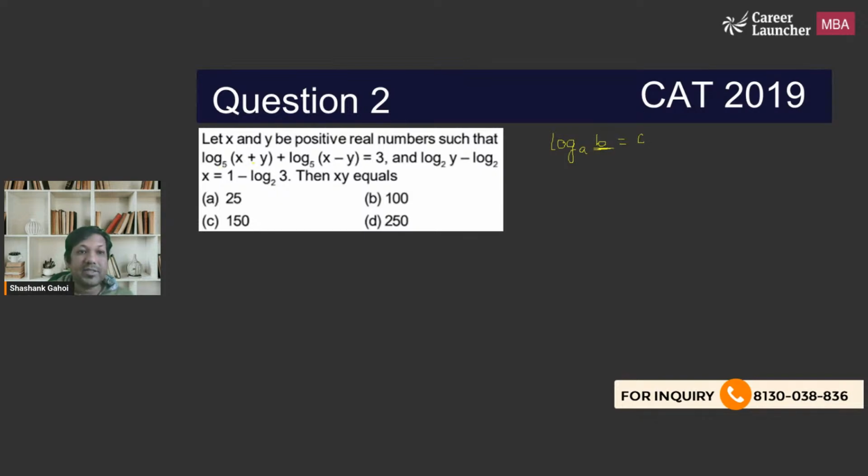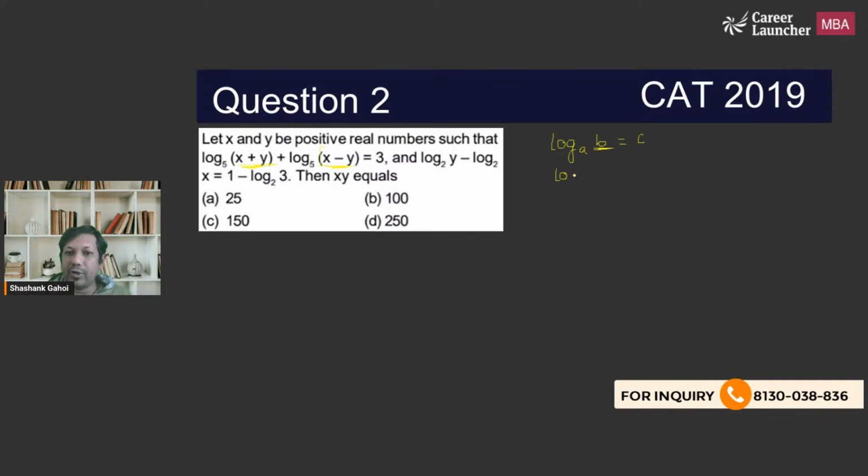It means x plus y cannot be negative. x plus y should be positive, as well as x minus y should be positive. It means x should be greater than y. x cannot be smaller than y, because if x is smaller than y, then the value inside the log is going to be negative, and in that case the log itself will not be defined. So this is what I know.